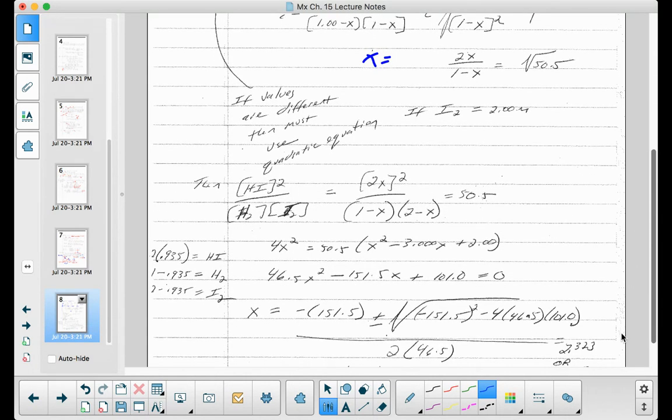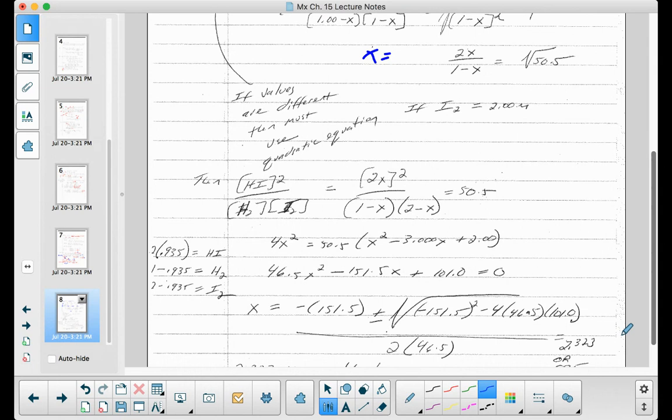And then I did that example down here. I talked about it in terms of what if you started out with 1 of the hydrogen and 2 of the iodine. Things get a little tricky. That's when you have to use the quadratic.